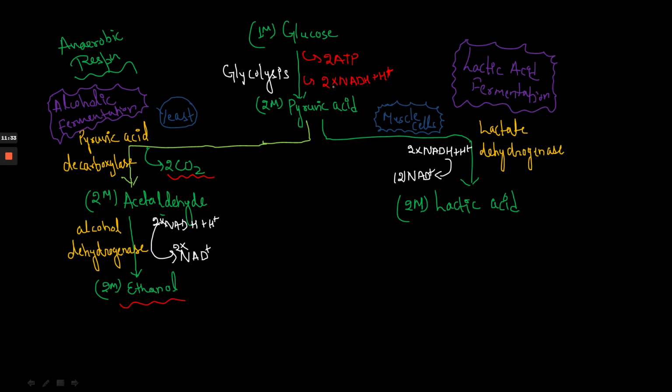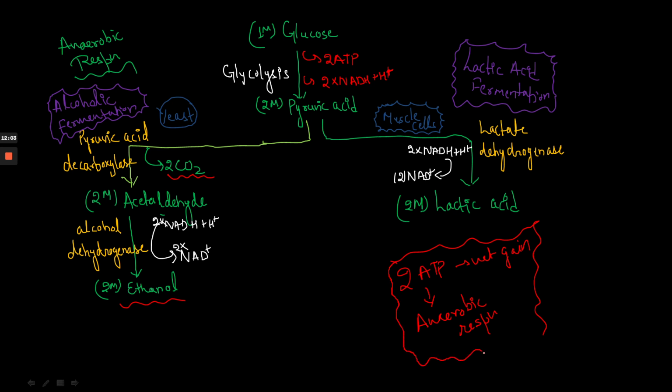The only ATP that was produced was during the glycolysis process, right? So the net gain of ATP during anaerobic respiration is just 2 ATP. It is just 2 ATP, right?